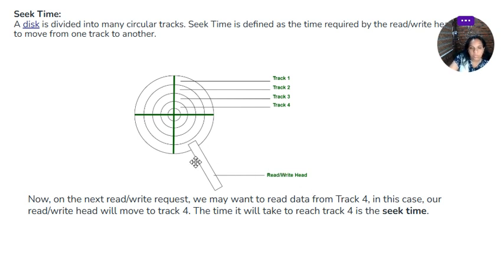The next request is to read the data from track 1, so it has to move from track 4 to track 1. On the next read-write, we may want to read data from track 4. In this case, the read-write head will move from wherever it was previously to track 4. The time it takes to reach track 4 is called seek time.